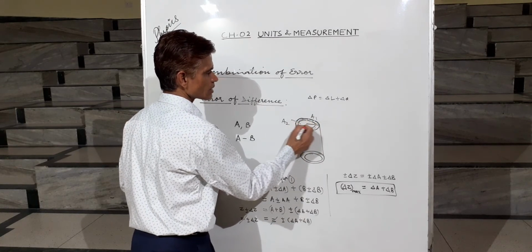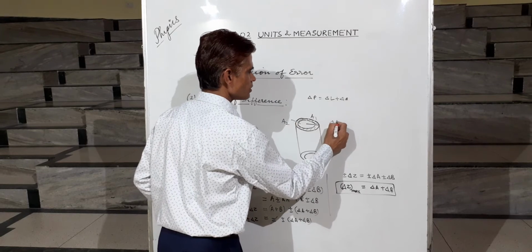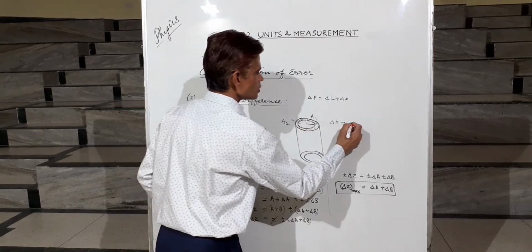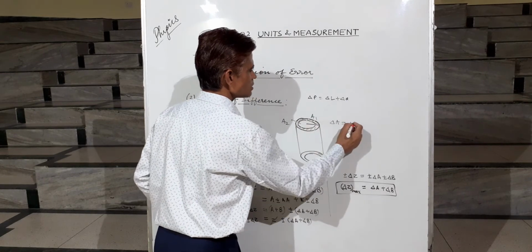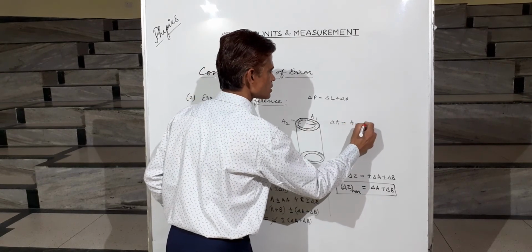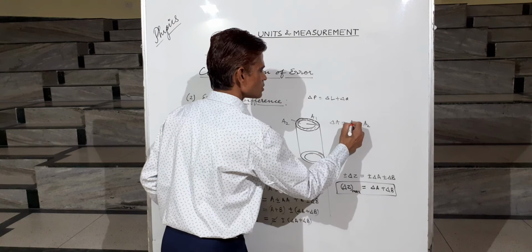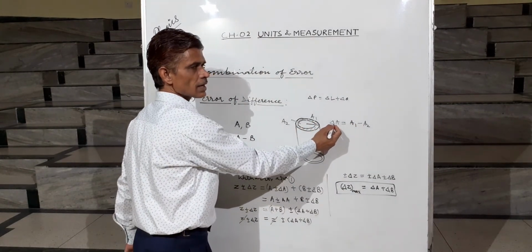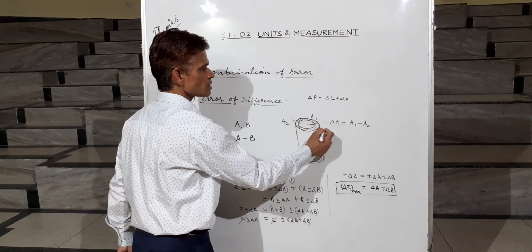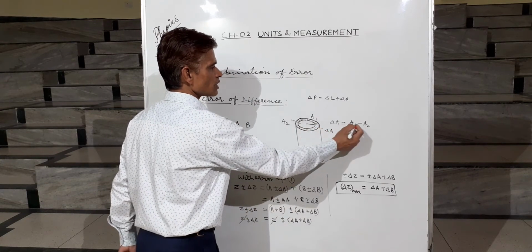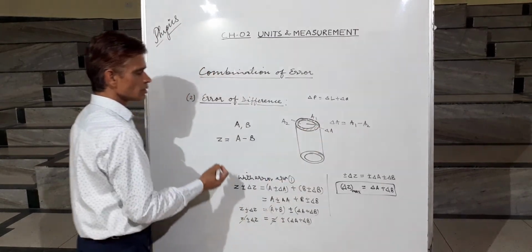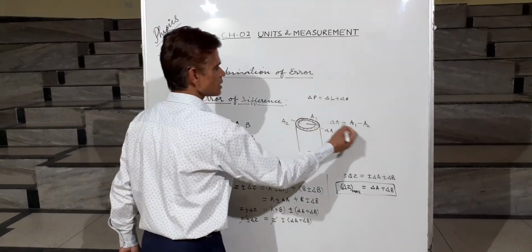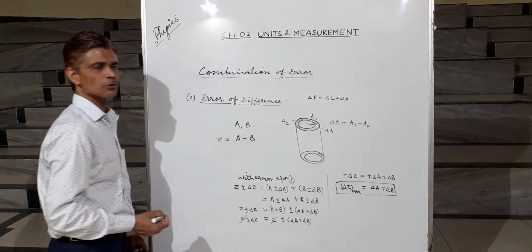This area delta A will be equal to, which one is more? A1 is more, so A1 minus A2. So this area delta A is dependent on these two areas. So here this delta A is Z, and A is A1 and B is A2.